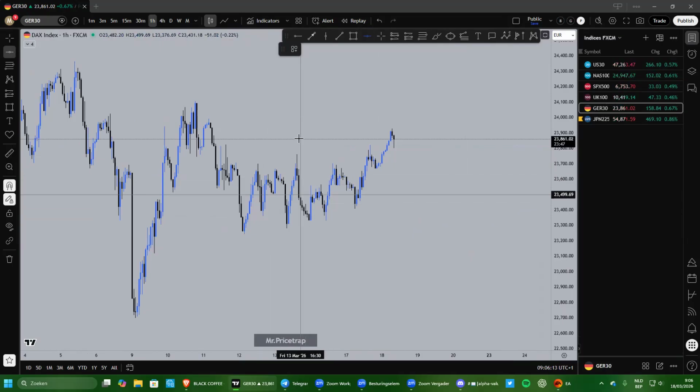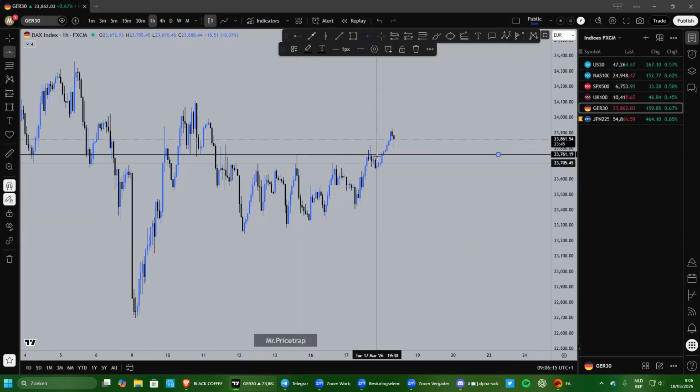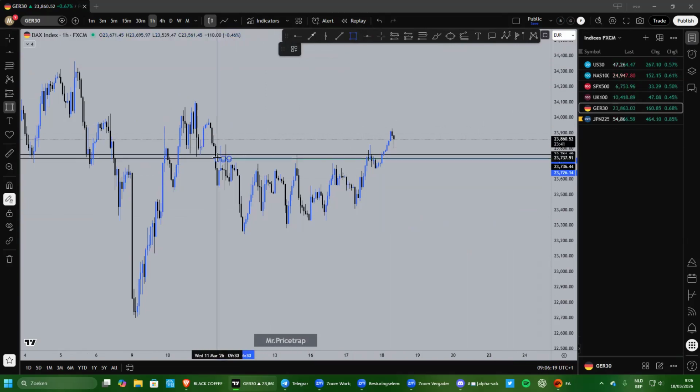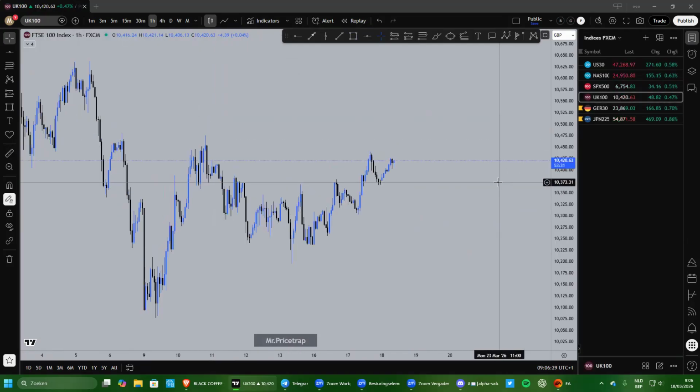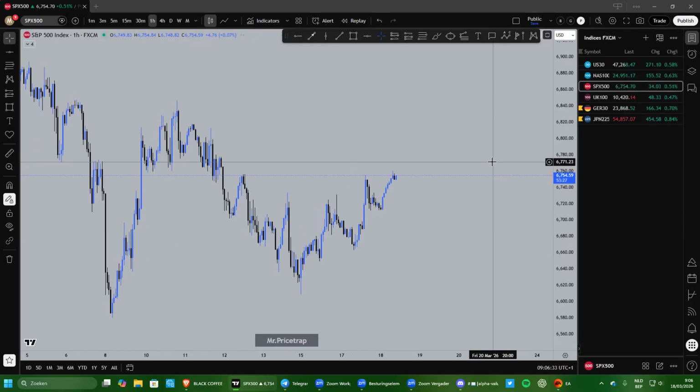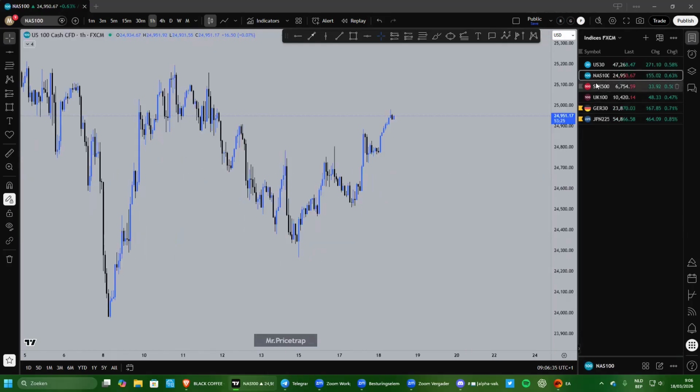I do like what I'm seeing here. I am pretty bullish on the indices for today, so all buys will be interesting. Yeah, this one we missed out on. Anything here?